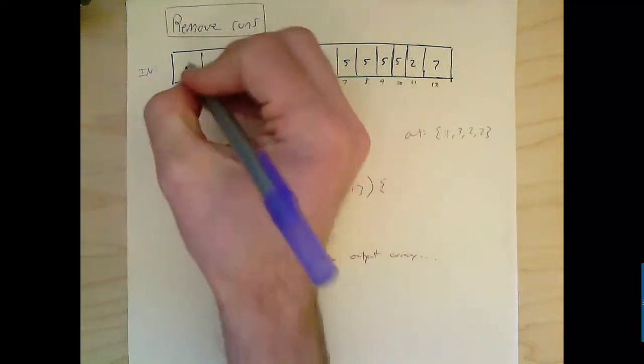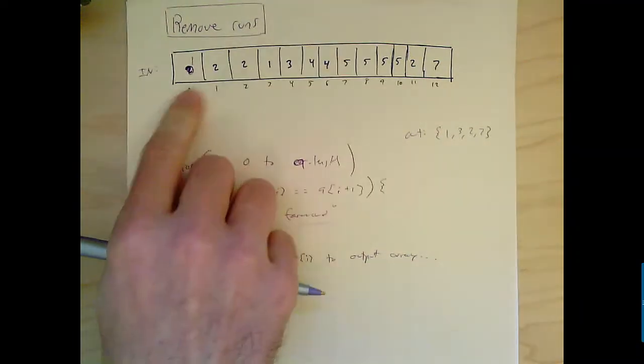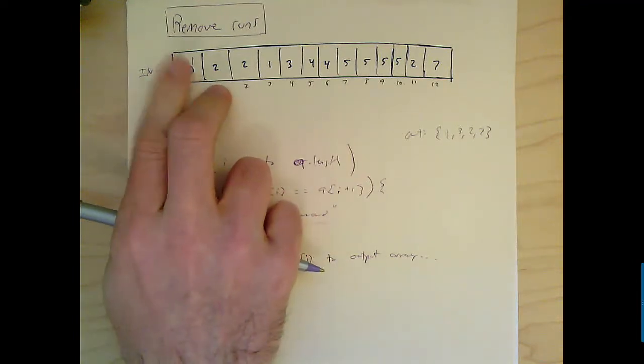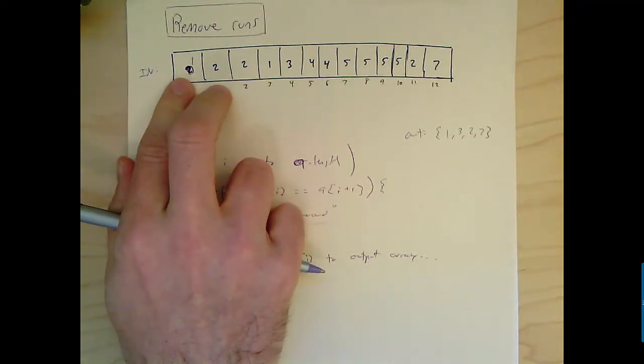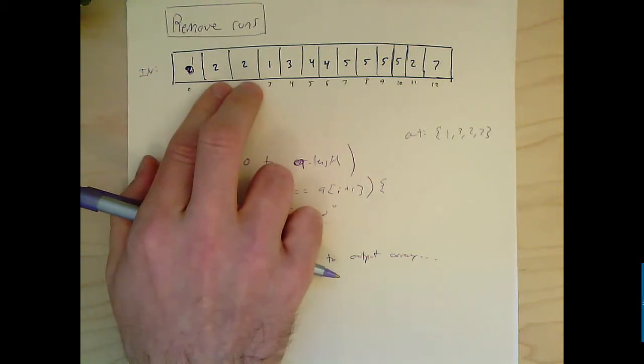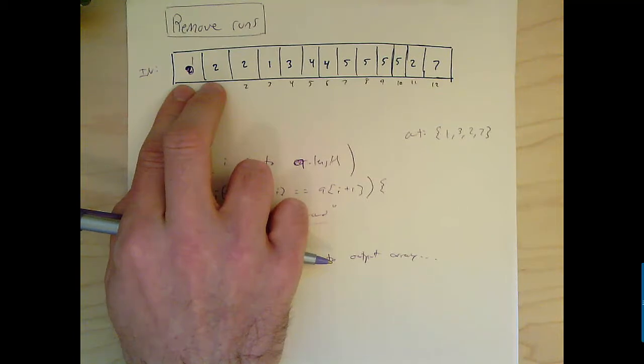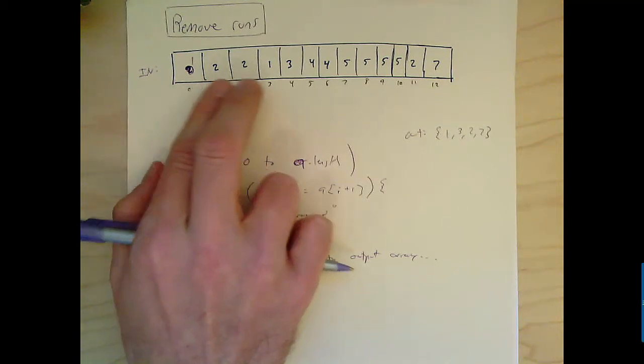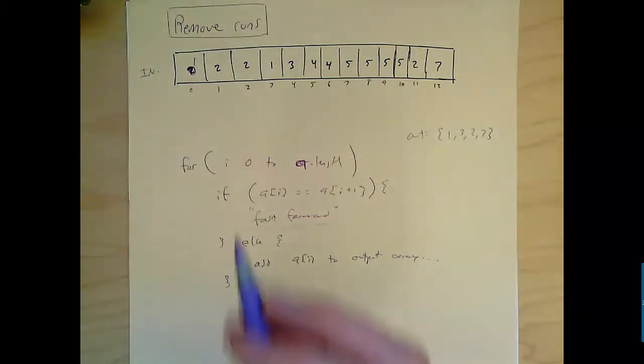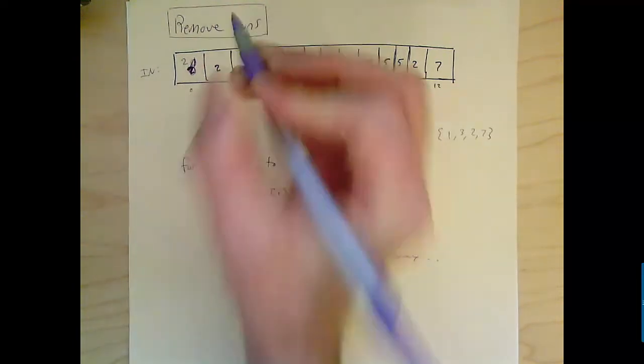I think the answer is no, because, for example, what if this had been 1, 2, 2? In that case, 1 is definitely not part of a run because it's different than its succeeding element. However, this one is not different from its succeeding element, so it is part of a run. And we couldn't know that until we loop and start looking at the next pair. Here, I'm going to change the array back.